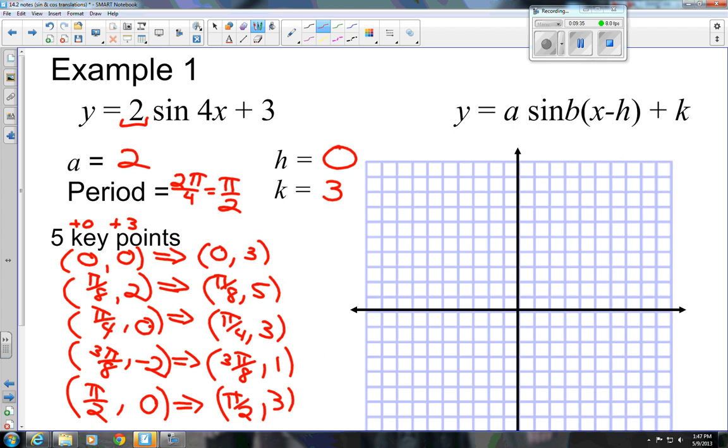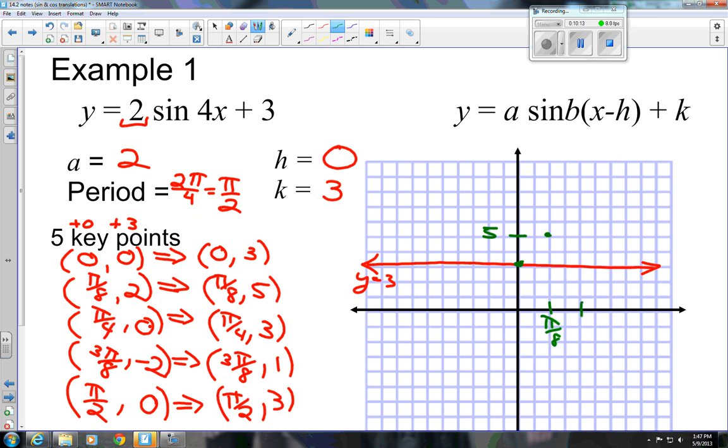Then step 3 is we draw the midline of the graph. Since k equals 3, the midline of my graph is going to be the line y equals 3. And then we're going to plot those 5 points. We have the point 0, 3. We have the point pi over 8, 5, so this is 5 up here, and I need to label that.